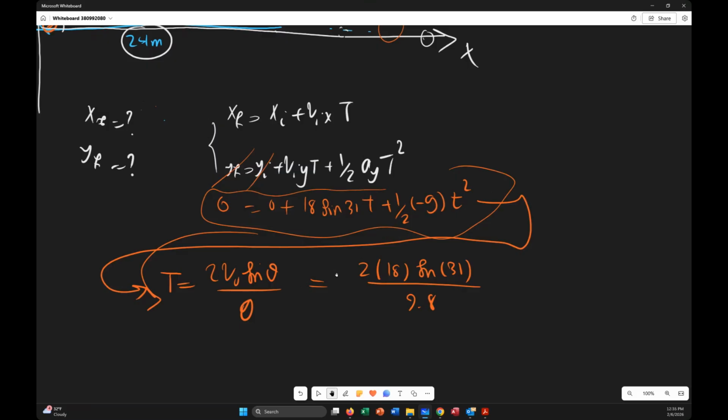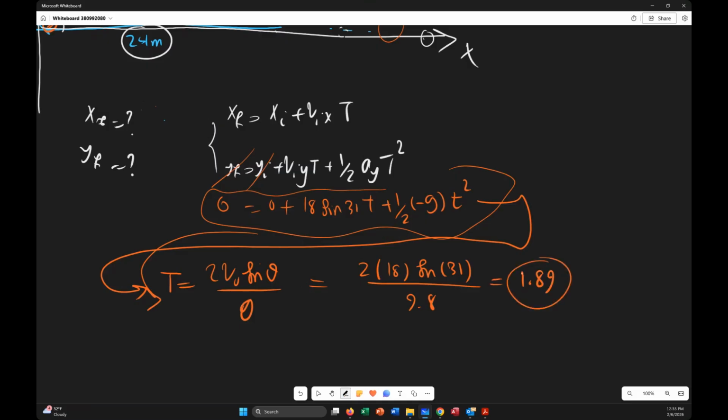Make sure that your mode is in degree. Yeah, 2 times 18 times sine 31 divided by 9.8. 1.89? 1.89. Okay. This is the total traveling time.